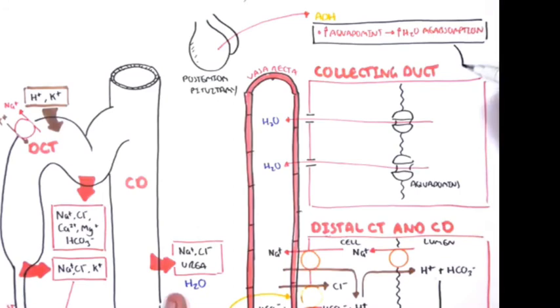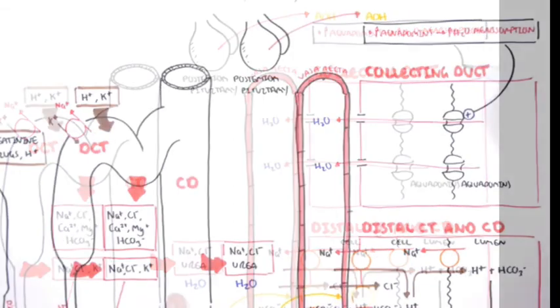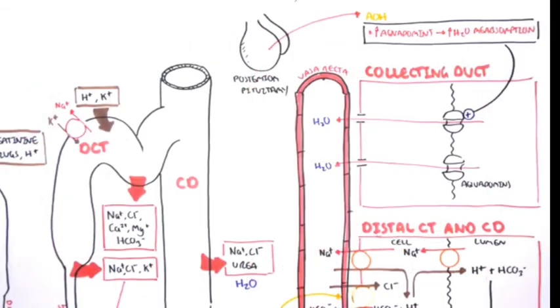ADH is antidiuretic hormone, which is also known as vasopressin. ADH acts by increasing the opening of the aquaporin channel, in which there will be water reabsorption. Thus, it makes the urine osmolality increase.